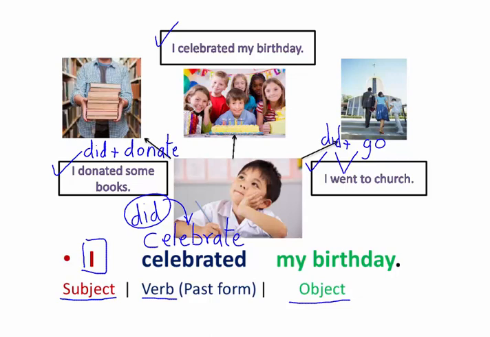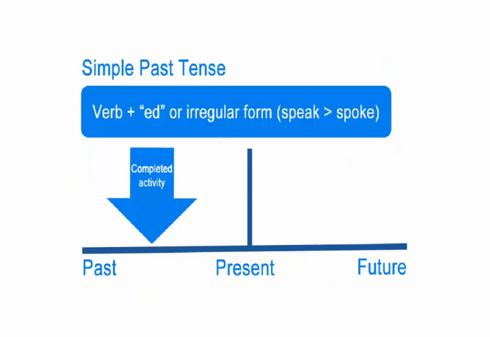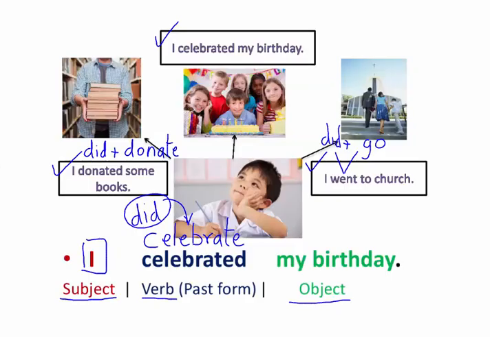Okay, now move on to the next thing. The simple past tense shows completed activities, right? So now he is thinking about his birthday, right? Bharat is thinking about his birthday.